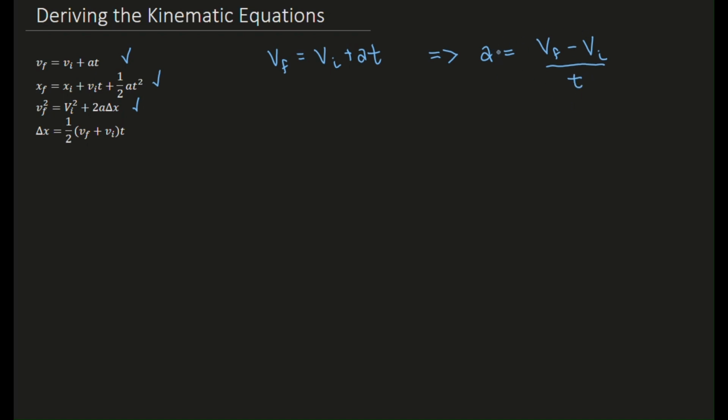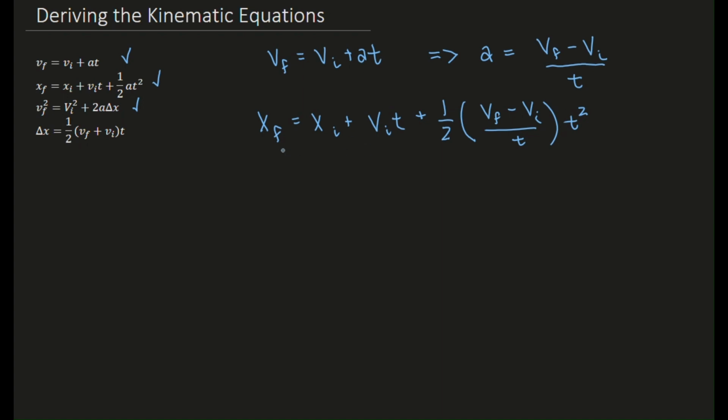And I use this expression for acceleration to plug it into my second equation. So x final equals x initial plus v initial times time plus 1/2, instead of writing acceleration, I'm going to write v final minus v initial over time, times time squared.